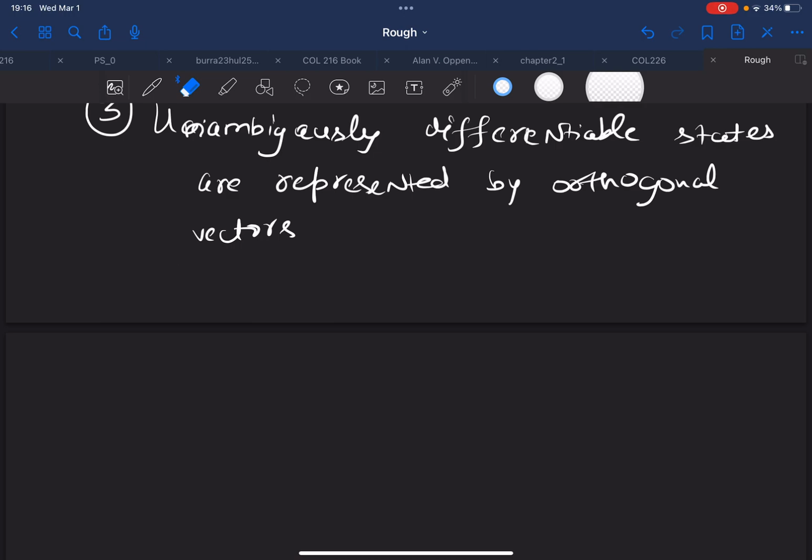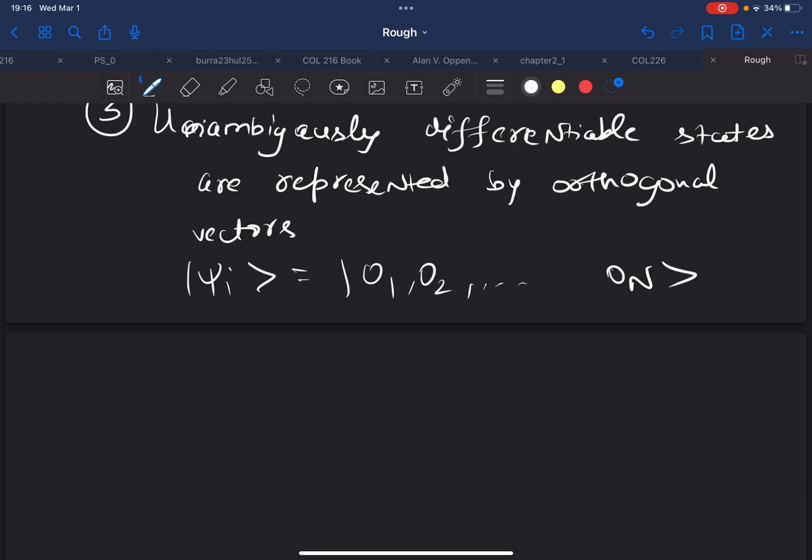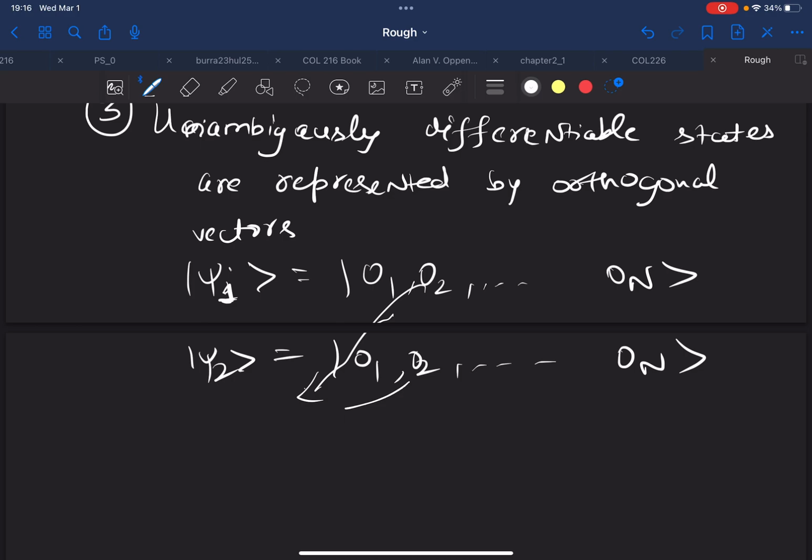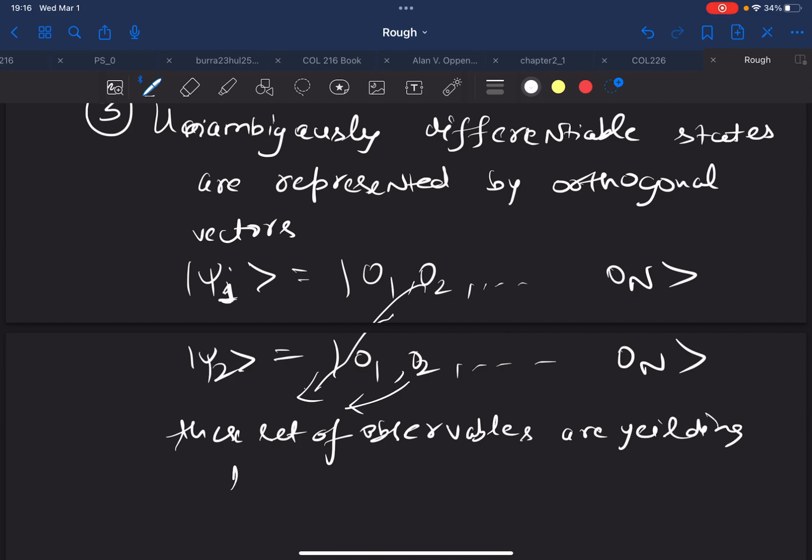Okay, so if we have two states, psi 1 equals O1, O2, On. This is our one particular state, and the second state is this. And these two sets of observables are yielding the same measurement.